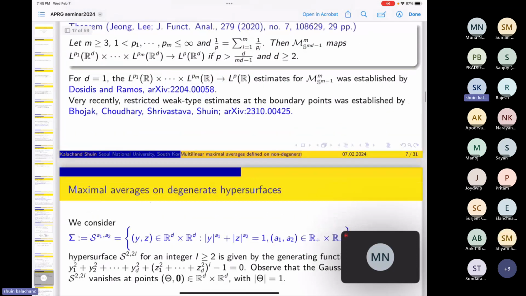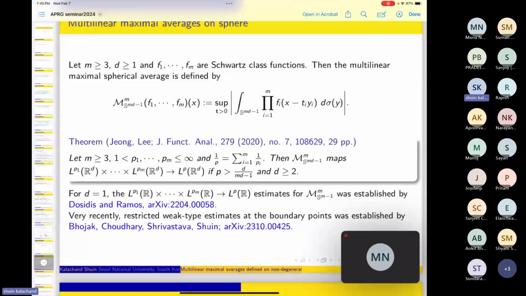For the sphere S^{md-1}, it has non-zero Gaussian curvature. So it has a nice property, non-vanishing Gaussian curvature, and the sphere can be written as: the points y1, y2, ..., ym belong to the sphere, then they satisfy the relation |y1|^2 + |y2|^2 + ... + |ym|^2 = 1.